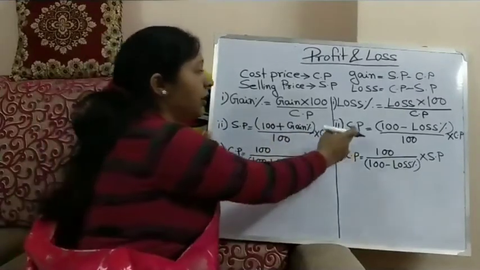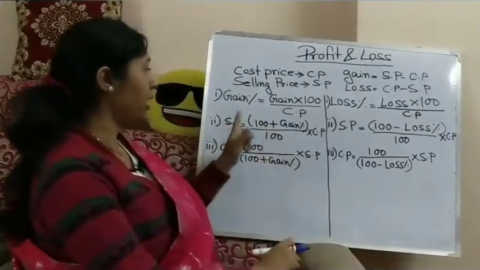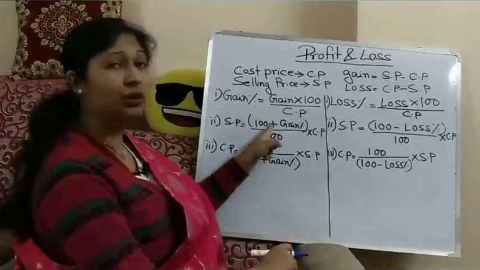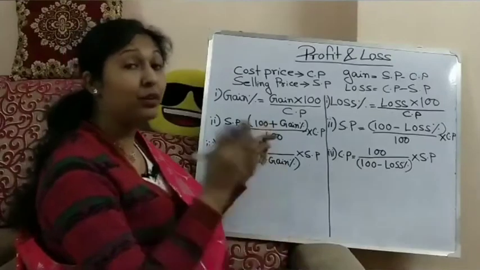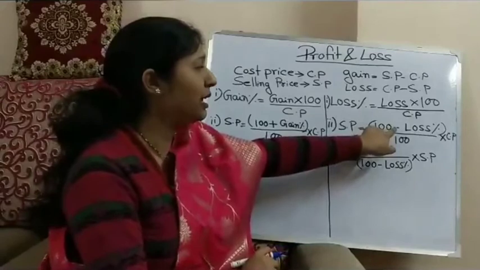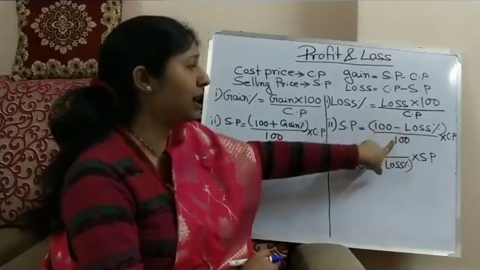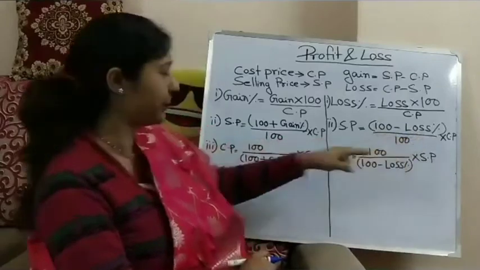And for loss also, we always remember that for gain we should put plus, but when we think about loss, it is always minus. So 100 minus loss percentage by 100 into CP.